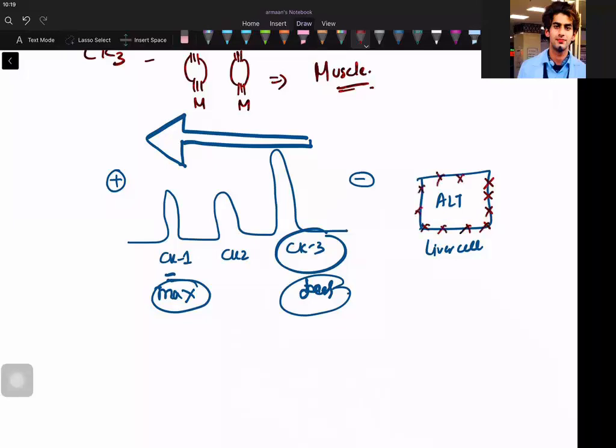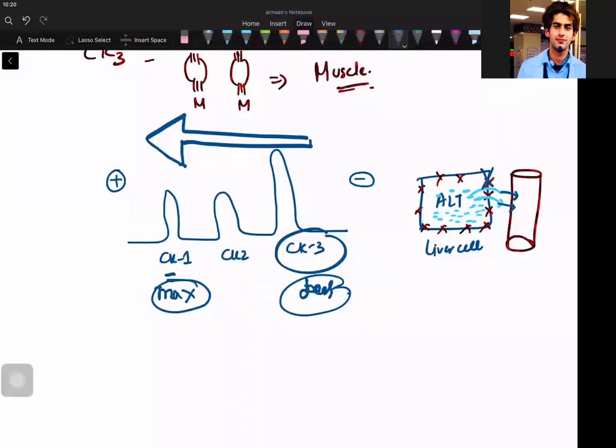When I destroyed this, it is quite natural that you will say, sir, this is all enzyme, so it will leak from the cell. What is here? There is blood. So I am seeing this enzyme in blood. When I see this enzyme in blood, the principle of compartmentalization has gone.